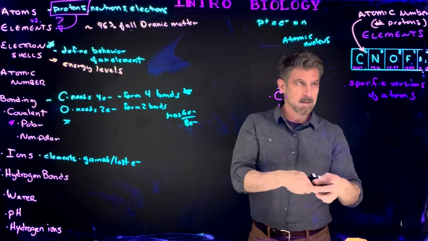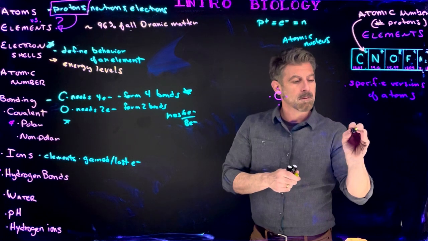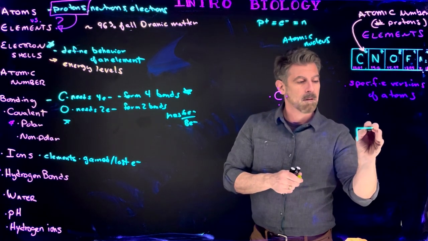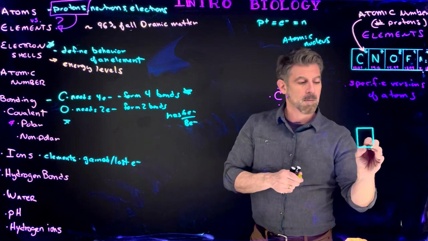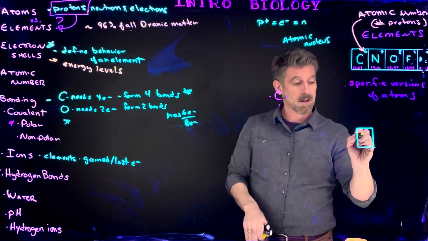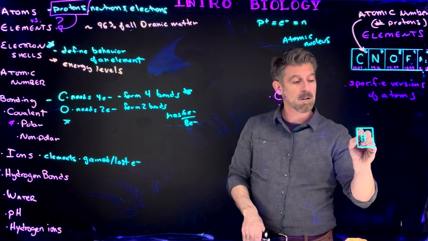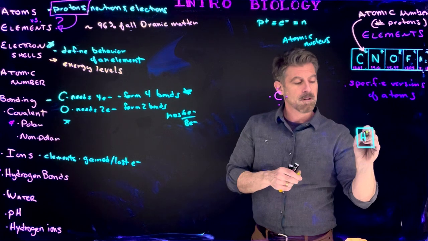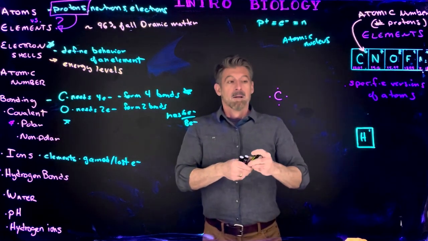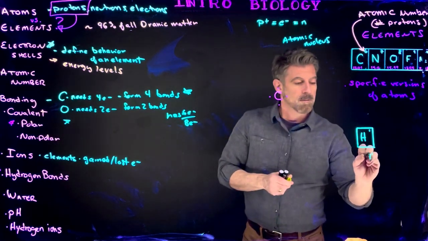I didn't put it up here, but another element that was one of the 4 I said were really important that you needed to know was hydrogen. Okay, this is H for hydrogen.